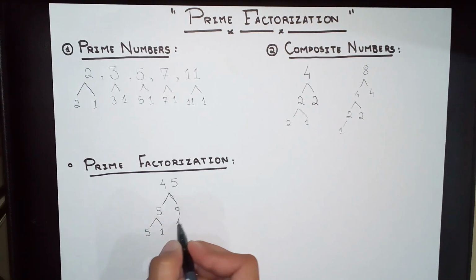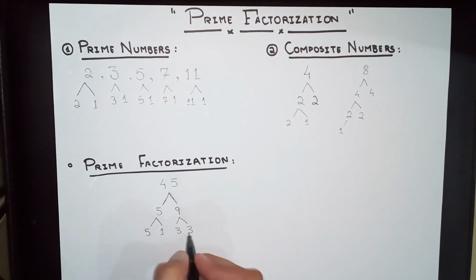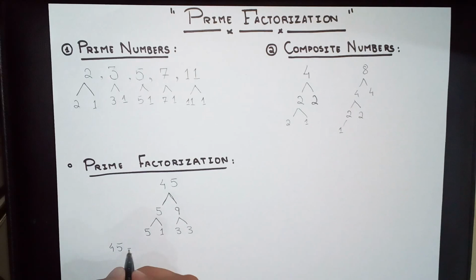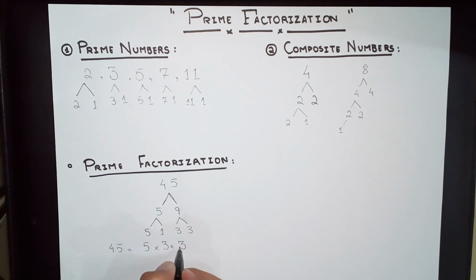We can reduce 9, 3 times 3, and there you go. Now this should be written as 45 is equal to 5 times 3 times 3. Exactly fits the description: when a composite number can be represented by the product of prime numbers.